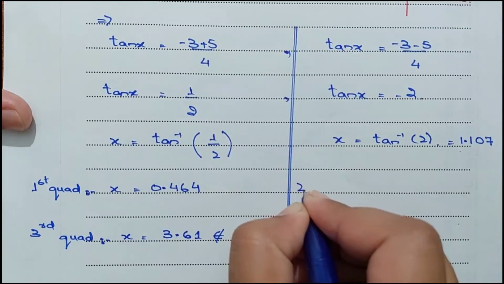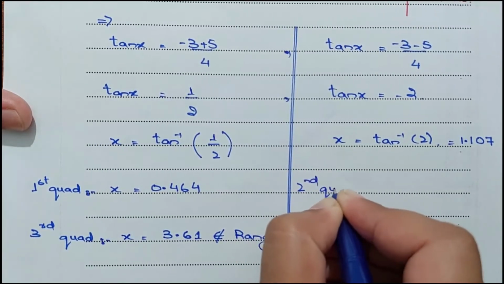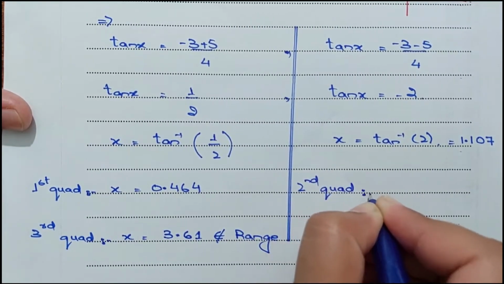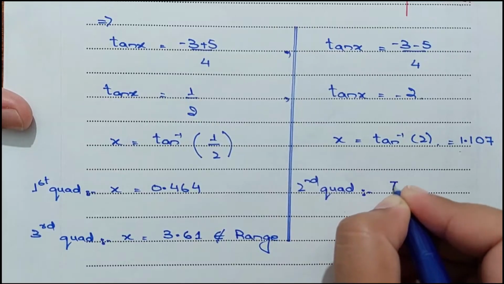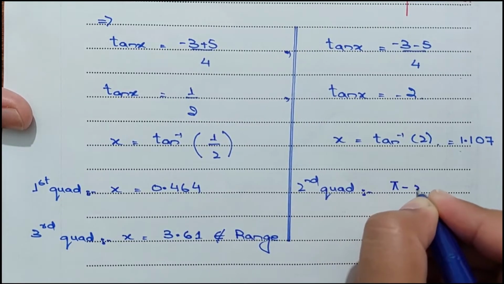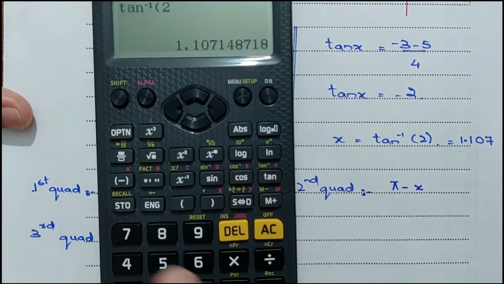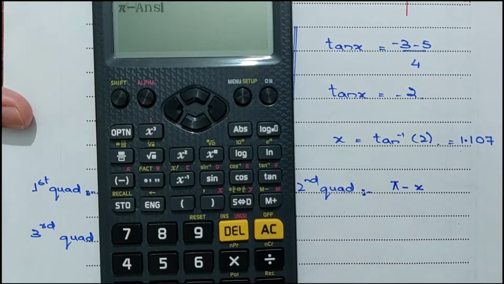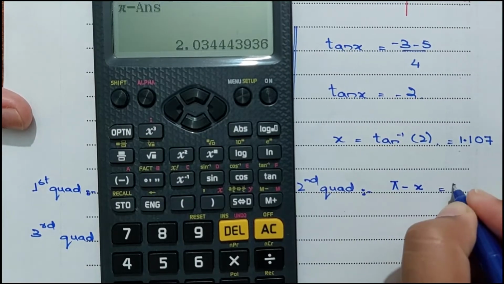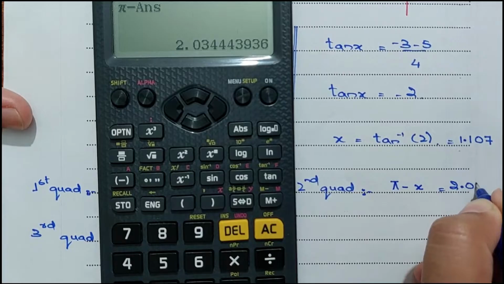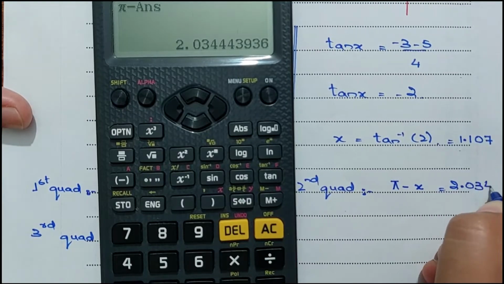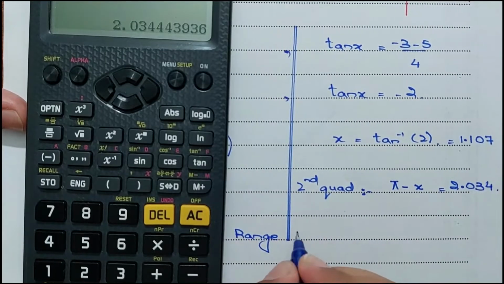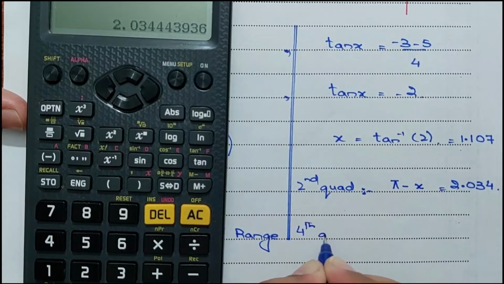Now for the second quadrant, the operation is pi minus this x. So we can say pi minus the answer is equal to 2.034. And for the fourth quadrant, tangent is also negative.